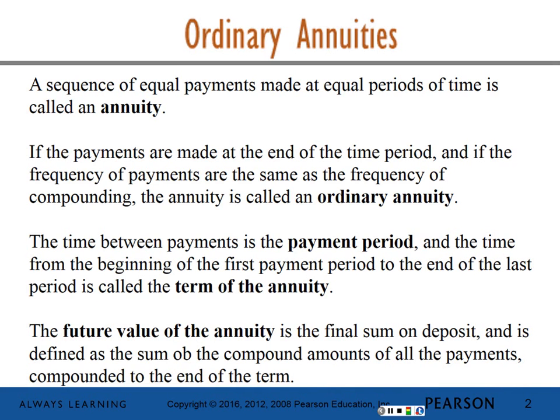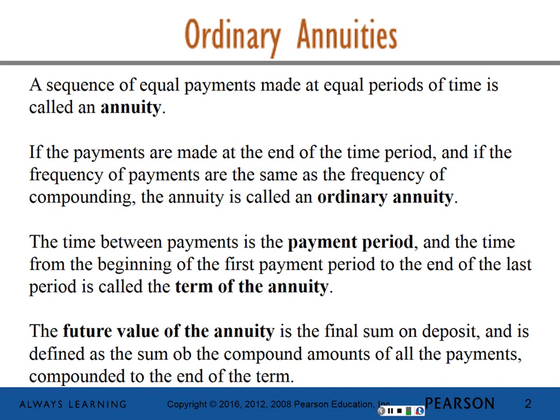Finance has its own language. A sequence of equal payments made at equal periods of time is called an annuity. An annuity is for the most part regarded as a savings account or some kind of investment. For example, I have an annuity account with Thrivent where I make a specified payment at the end of every month, and they have a set interest rate that they pay me on that.